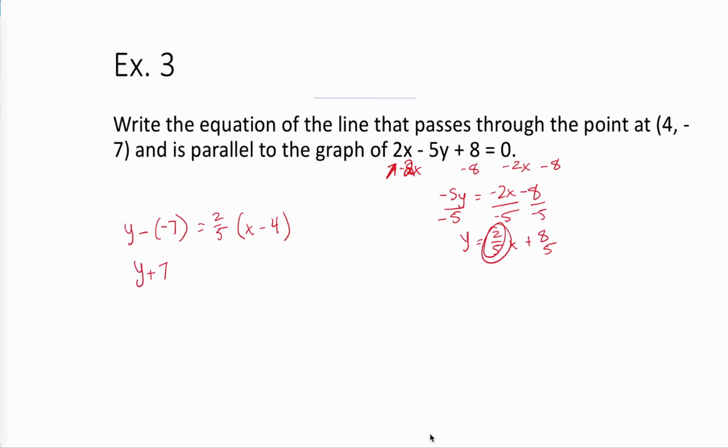So we could leave it as y plus 7 equals 2/5 (x minus 4), or we could put this in slope-intercept form by distributing the 2/5, that's 8/5, and then subtracting 7.